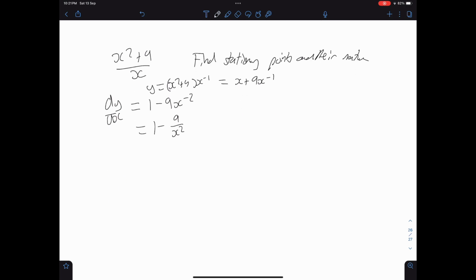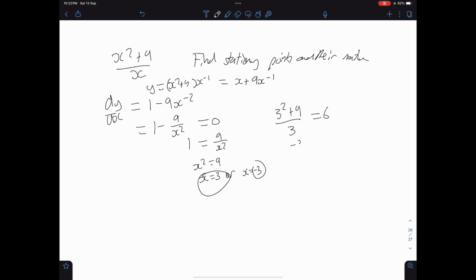Now when will this be 0? 9 over x squared equals 2x, so x cubed equals 4.5. Now you take each of those, put them into the function. Like so. So you know that the points will be 3, 6 and minus 3, minus 6.